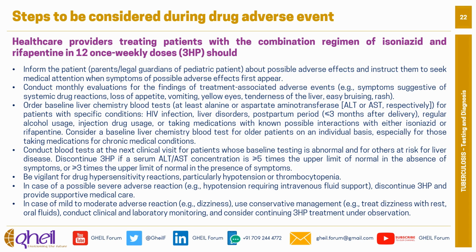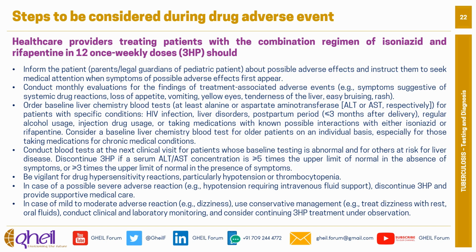Consider a baseline liver chemistry blood test for older patients on an individual basis, especially for those taking medications for chronic medical conditions. Conduct blood tests at the next clinical visit for patients whose baseline testing is abnormal and for others at risk for liver disease.